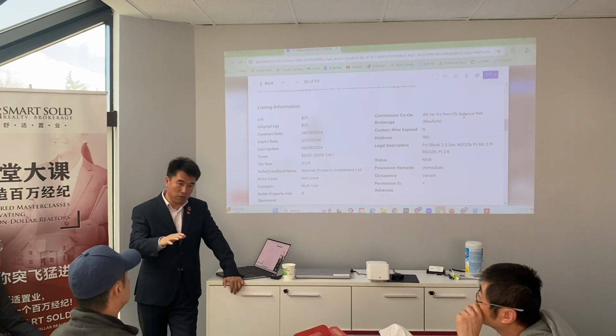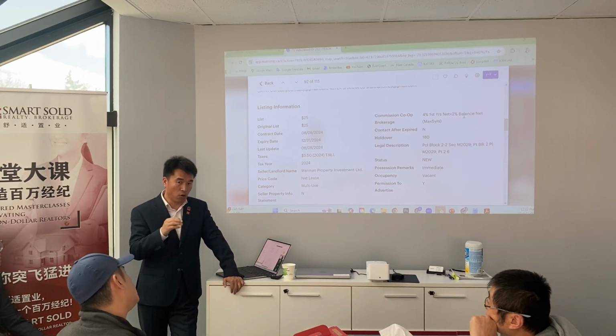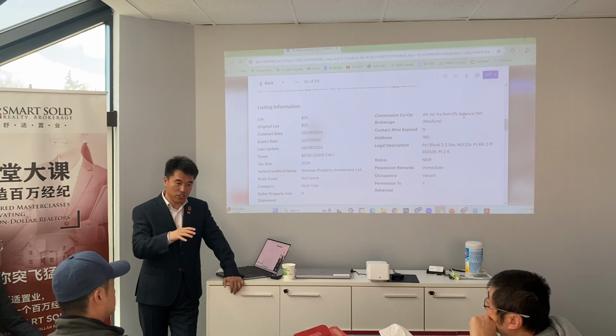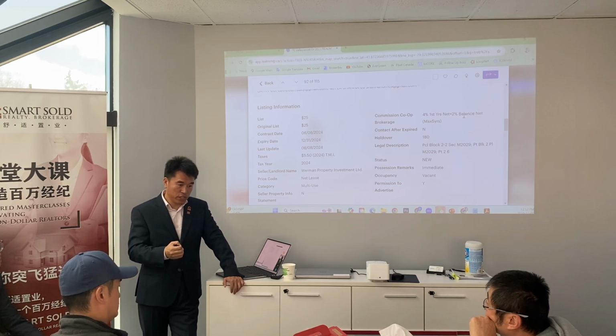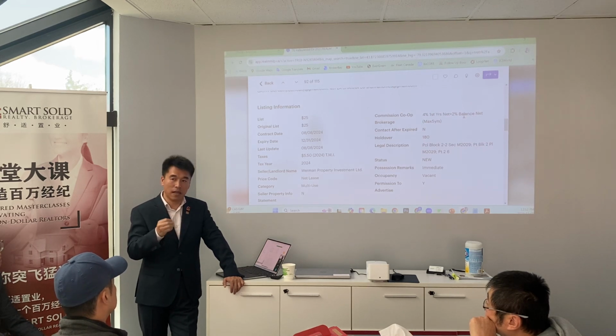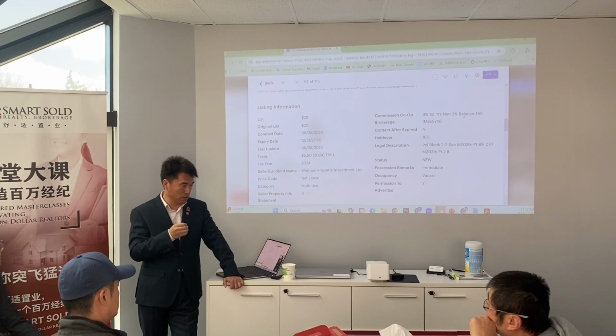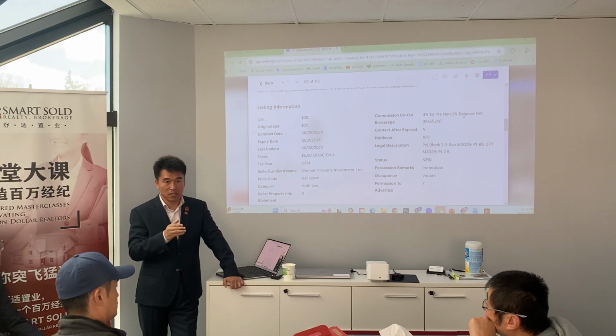If it's an old building, already outdated, or the current condition doesn't fulfill your business, and the landlord understands you definitely need a renovation, then the landlord may consider giving you the free rent period. How long? Usually based on common sense, how long it's going to take you to do the renovation.